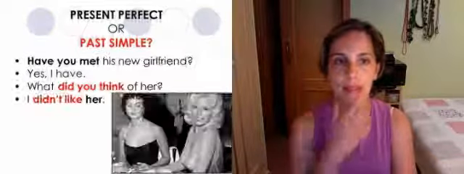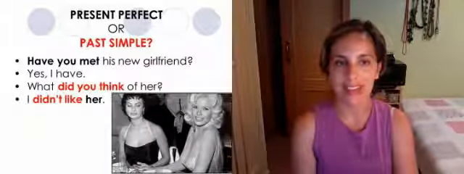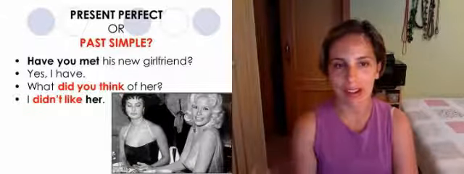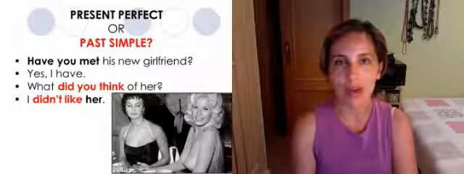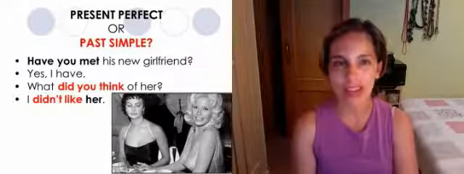Let's see more examples. Look at the photo for a second. It's, I think, Sophia Loren looking at a famous Hollywood actress, and Sophia looks a little bit jealous, don't you think?